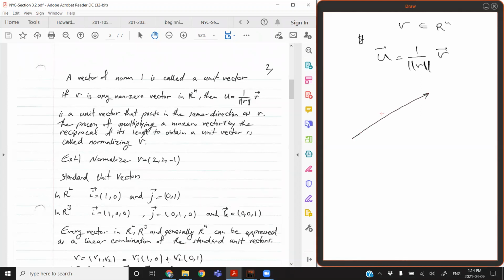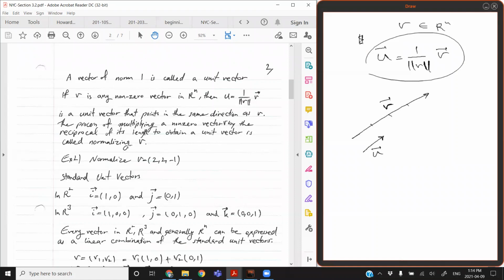So for example, you have a vector v, and imagine this vector is of length, let's say 4: 1, 2, 3, 4. So imagine it's 4 units of length, and then you can easily find u, which is a vector of the same direction but of length only 1, using this formula. Just need to divide v by the norm of v, or multiply v by 1 over the norm of v.